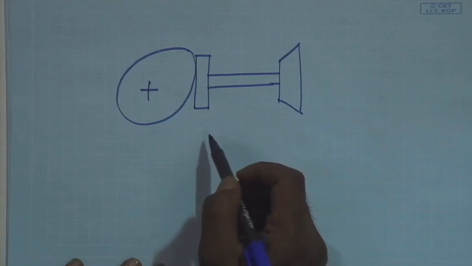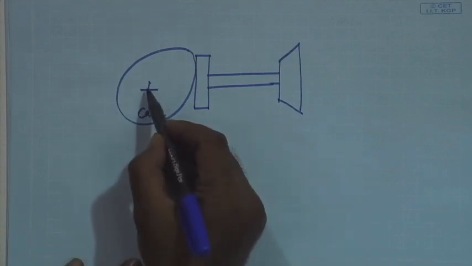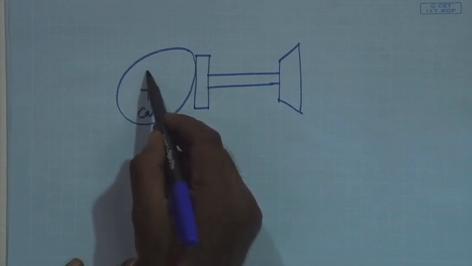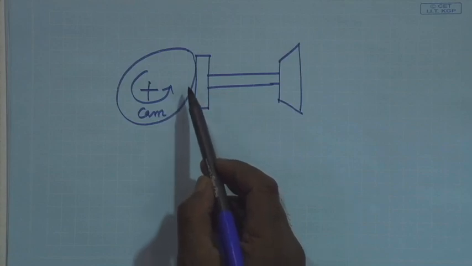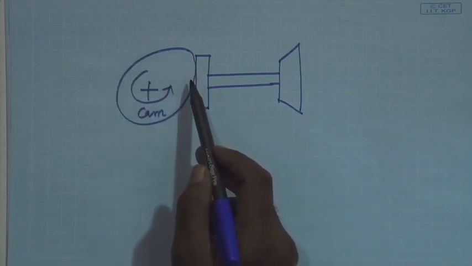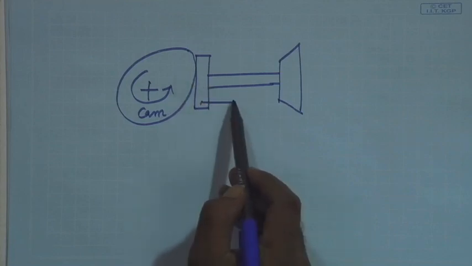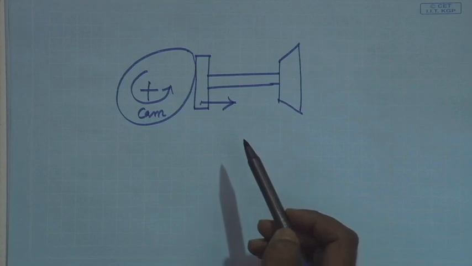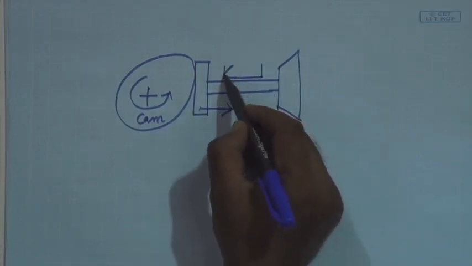Suppose this is what we call as the disc cam, and this is its center of rotation. So, you can very well understand that it is having a non-circular profile, a lobed structure, and therefore, it is going to push this body outwards if it is having a guide way.